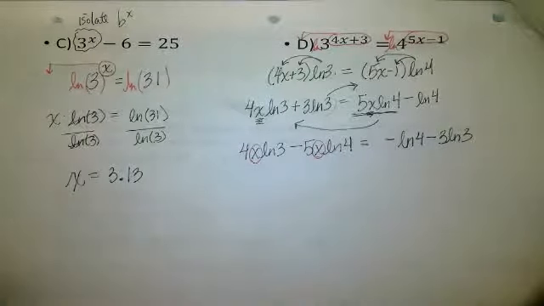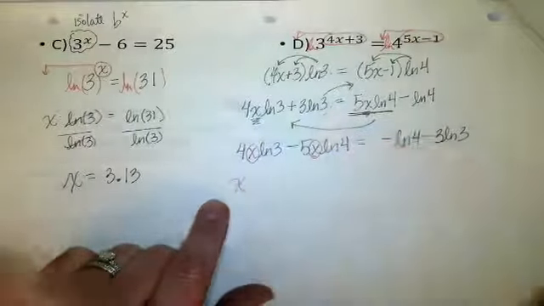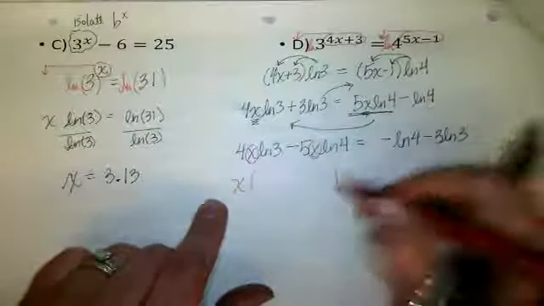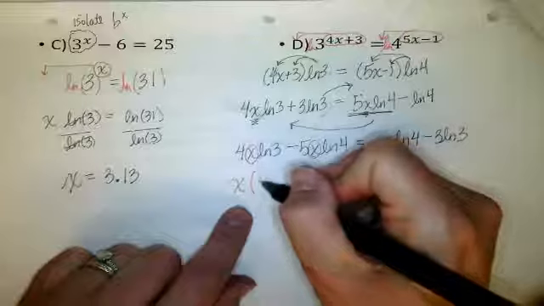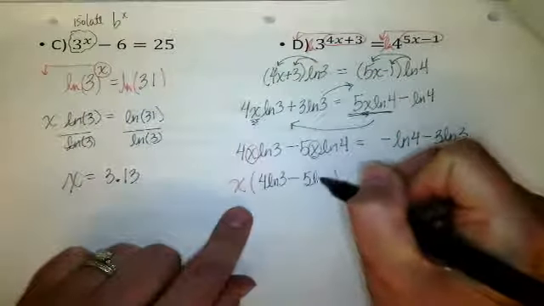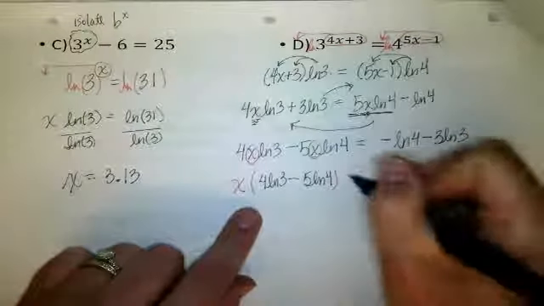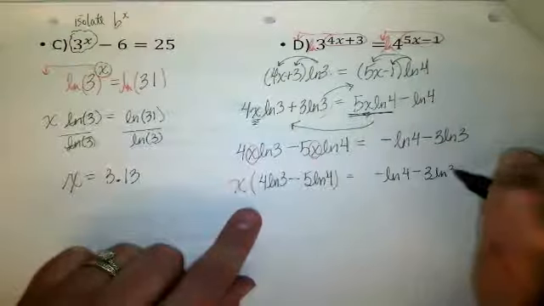But we do have a greatest common factor here of x. If I take out that x, what's left behind? 4 natural log of 3 minus 5 natural log of 4. Very good. Equals negative natural log of 4 minus 3 natural log of 3.